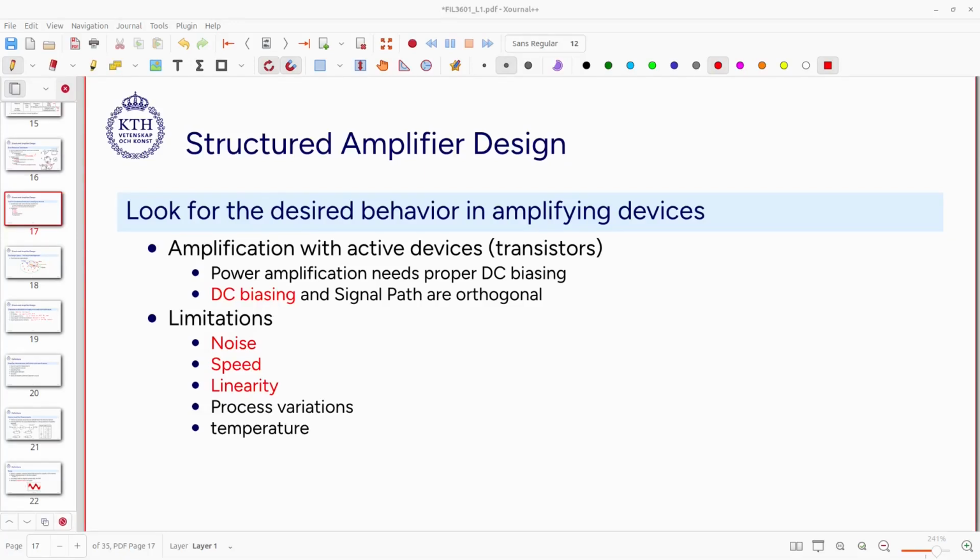So the implementation of the analog functions will require the use of amplifying devices, transistors. Then we need to understand how each transistor impacts the performance, or how much error it introduces in our circuit.